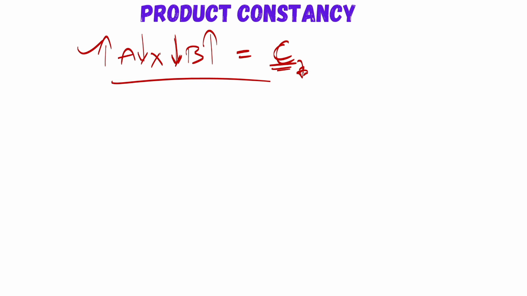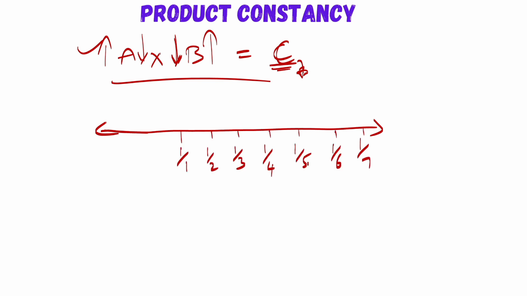Here we have a table to remember everything in product constancy. We can easily calculate the values by remembering this table. Let's say A is increased by 1 by 4, which means 25%. So the percentage equivalent is 1 by 4.